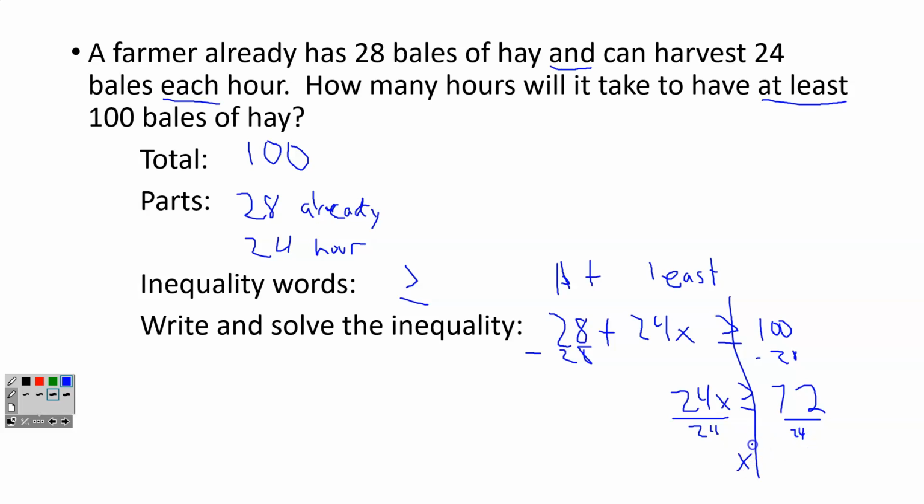And I get x is greater than or equal to 3. So how many hours will it take to have at least 100 bales of hay? Well, I need at least 3 hours. I can have more than that and still be okay, and it will be a true statement. But if I have less than 3 hours, I'm not going to hit that 100 goal.